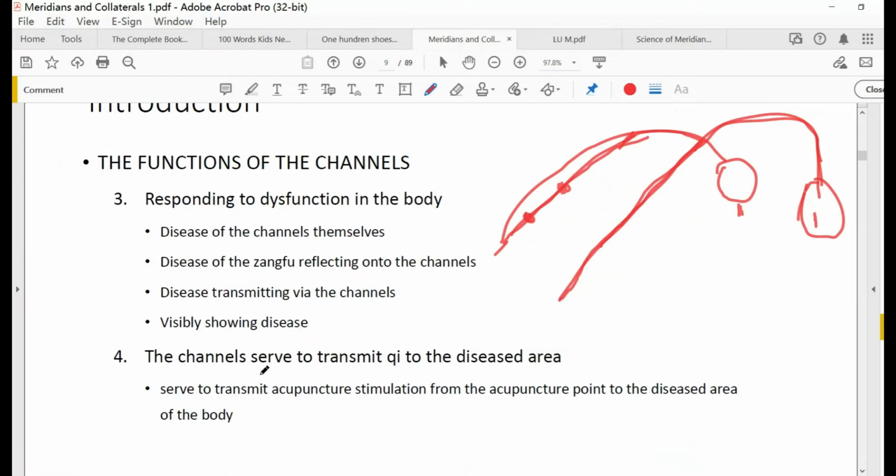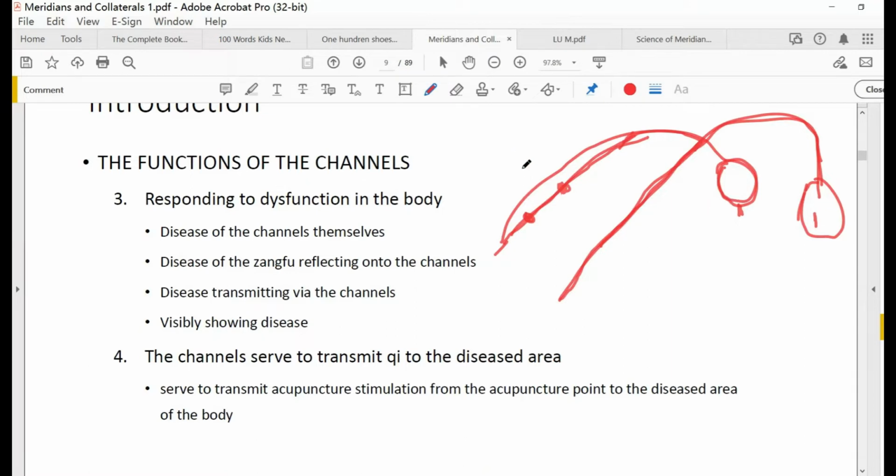First, the channels. The channel serves to transmit the qi to the diseased area. It serves to transmit the acupuncture stimulation from the acupuncture point to the diseased area of the body. For example, this organ is the diseased area.